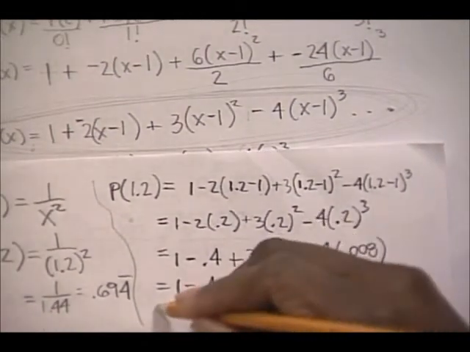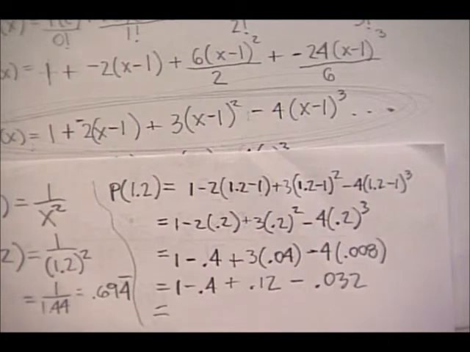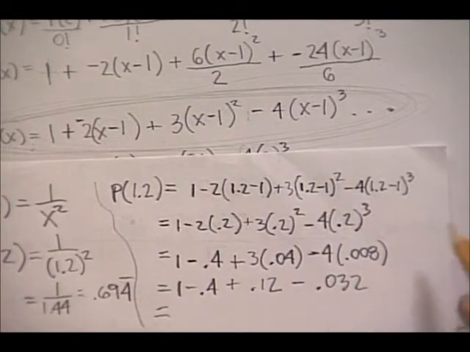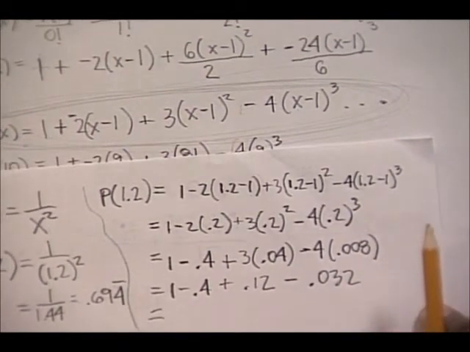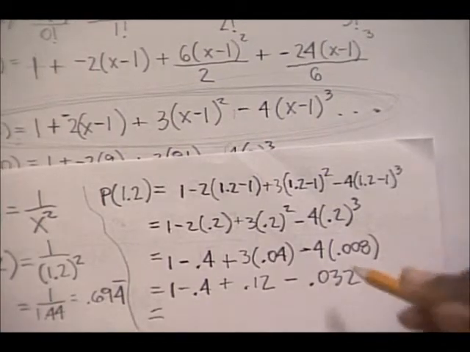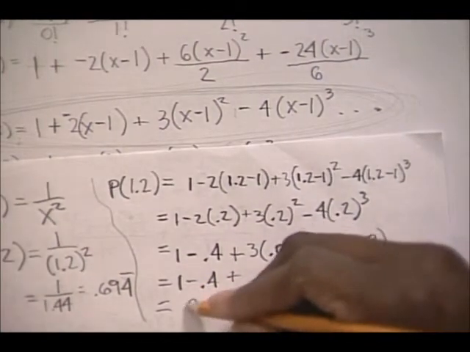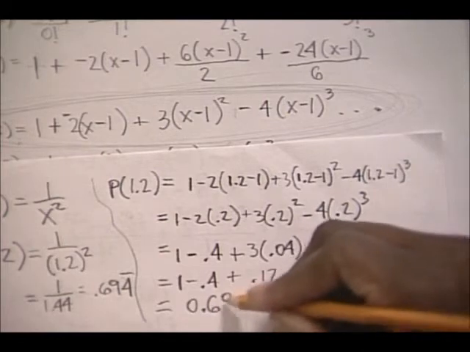Then you would just use a calculator to bring all these terms together and get our approximation of f of 1.2. So we end up with 1 minus 0.4 plus 0.12 minus 0.032, and we end up with 0.688.